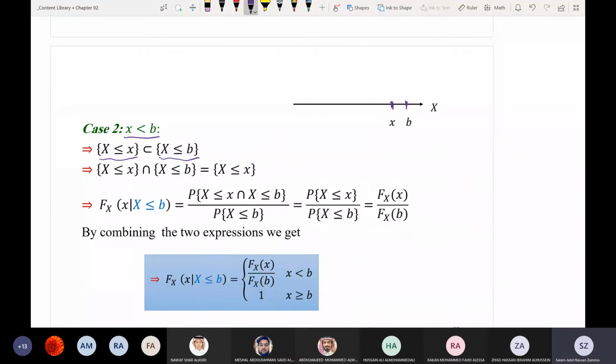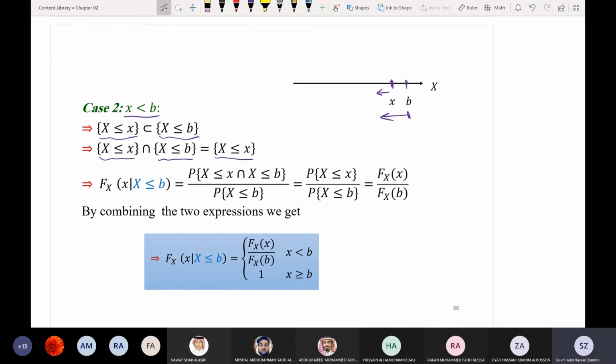So now, given x less than or equal to b, I need to find the probability that x is less than or equal to small x, which is equal to the CDF. طبعا now the intersection between these two events equals x less than or equal to small x, which means the conditional CDF is written as the probability of the intersection divided by the probability of the event.